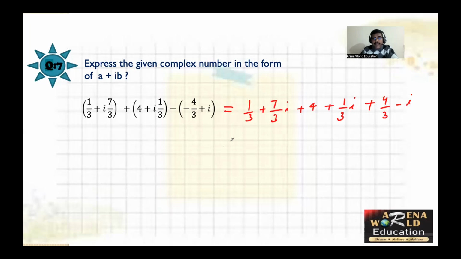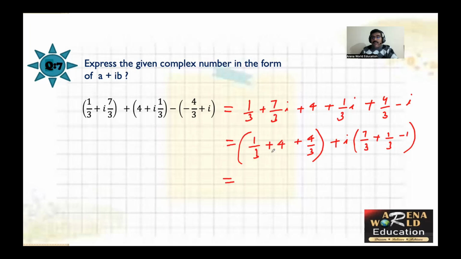Now we will combine the like terms. So this will be what? 1 upon 3 plus 4 plus 4 upon 3, right? Plus iota will be common and we are left with 7 upon 3 plus 1 upon 3 minus 1, right?